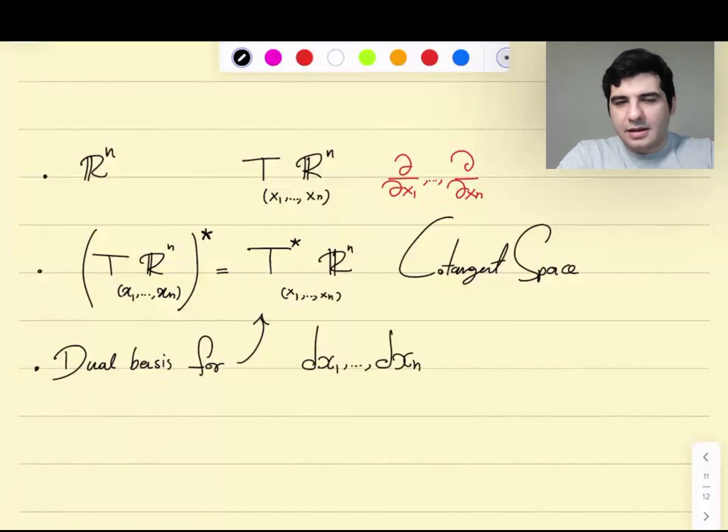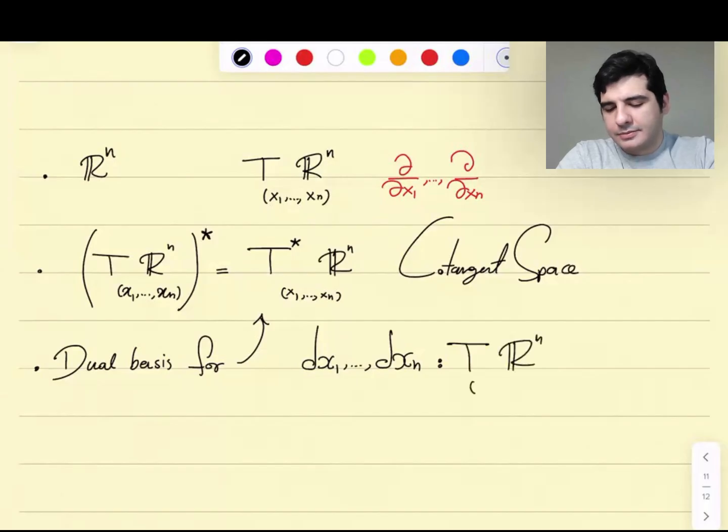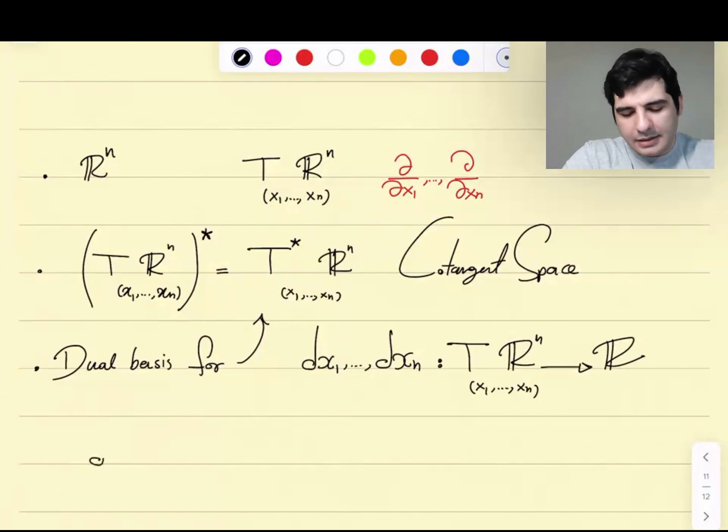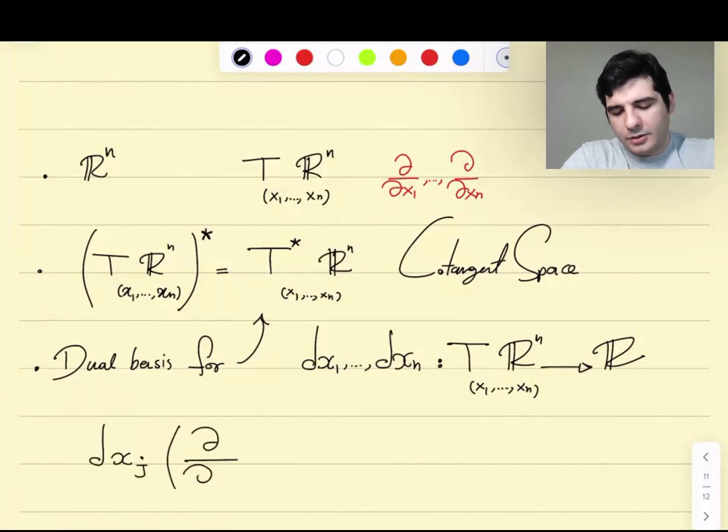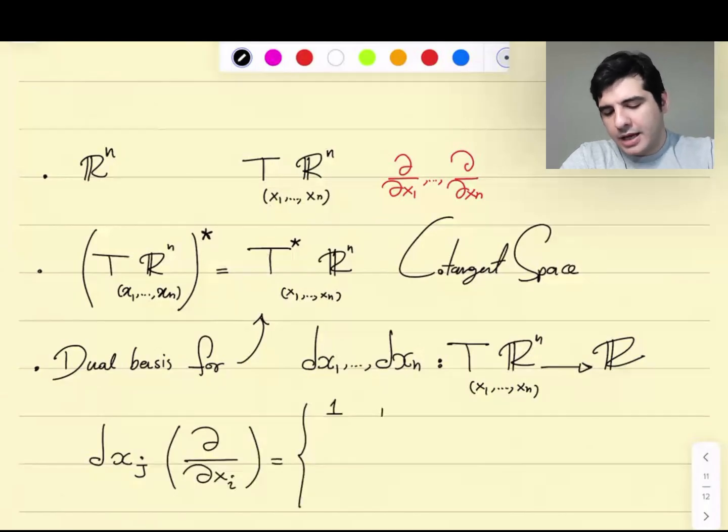Each dxi is an element of the cotangent space, so it's a linear map from the tangent space at the point x1 up to xn to R. And dxi of partial xj is defined to be equal to 1 if i is equal to j, and 0 if they are different.